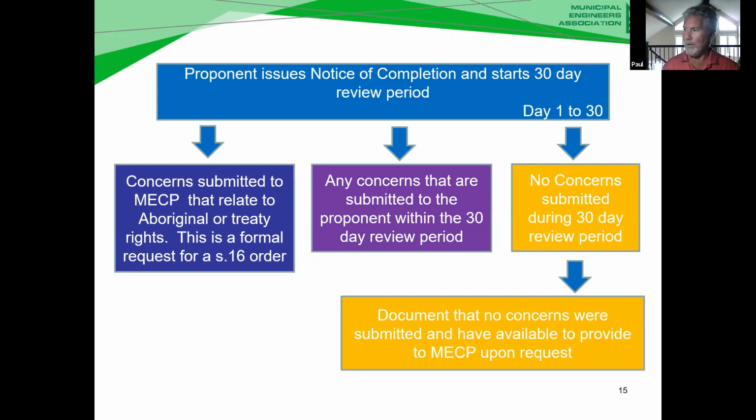Now, if there were no concerns, of course, there's no response. There's nothing to respond to. You would just document in your file, this is how we advertised. We didn't get any concerns, and that's noted in our file. And if the ministry ever asks, you can pull it out and say, yes, these are the dates on this when this happened, and we didn't receive any concerns.